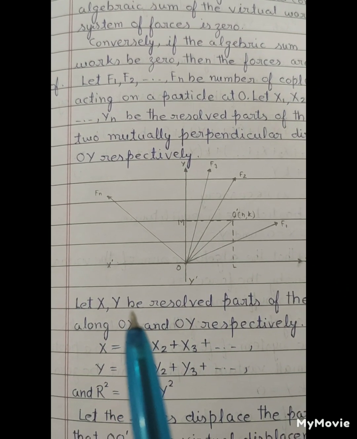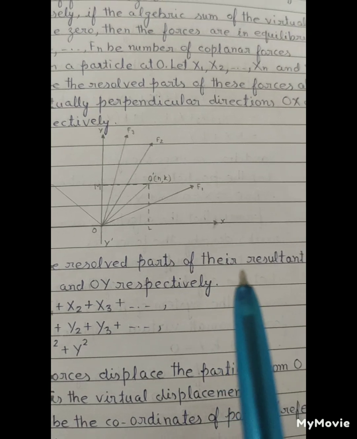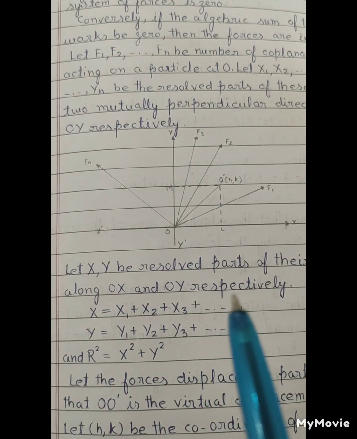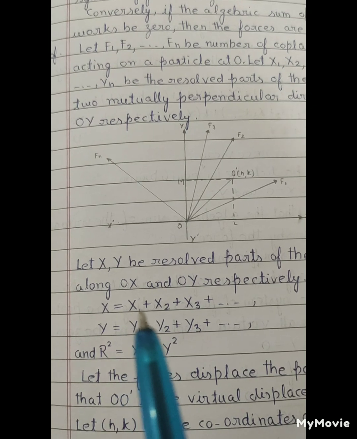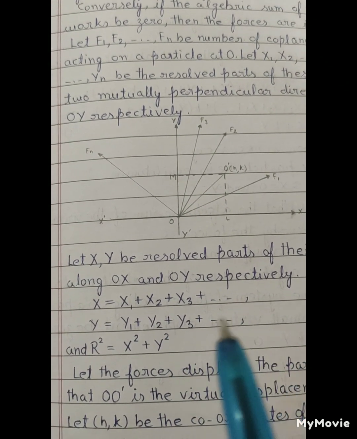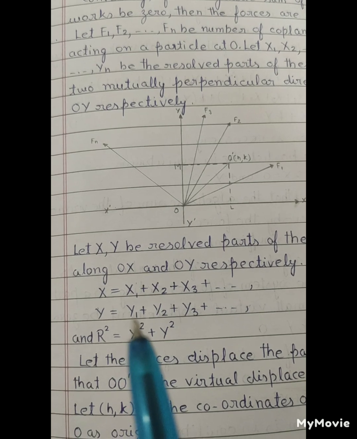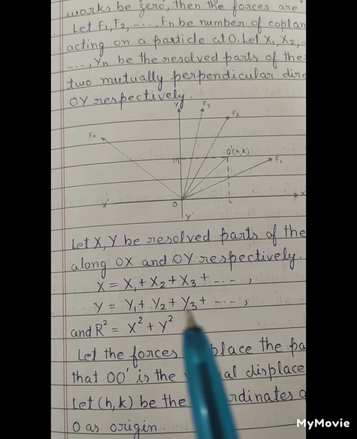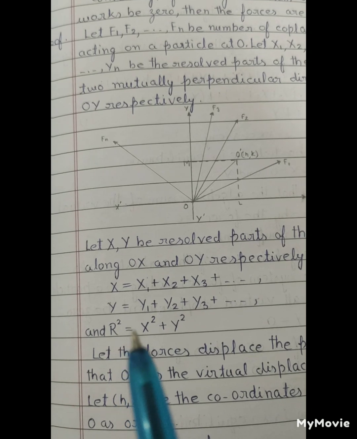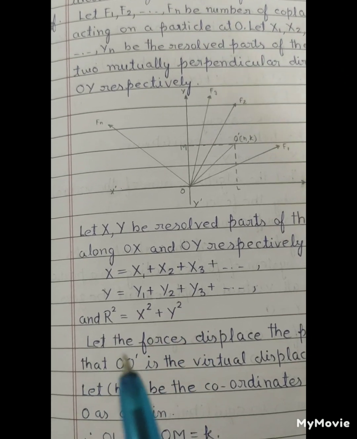Let X, Y be the resolved parts of their resultant R along OX and OY respectively, so X equals x1 plus x2 plus x3 and so on, Y equals y1 plus y2 plus y3 and so on, and R square equals X square plus Y square.